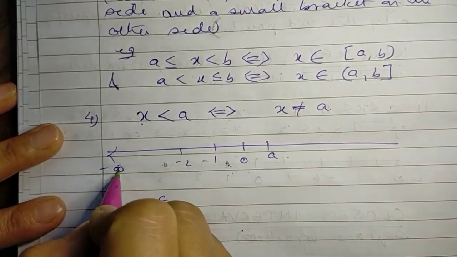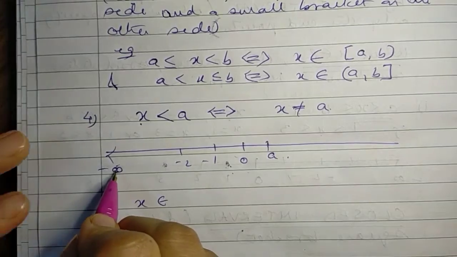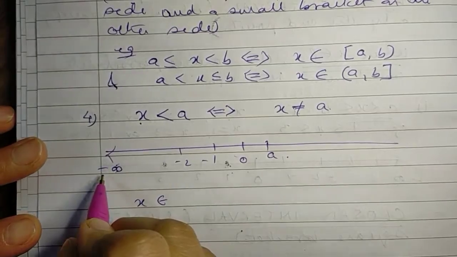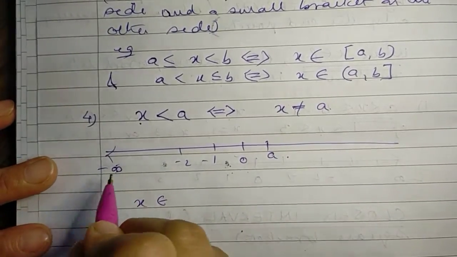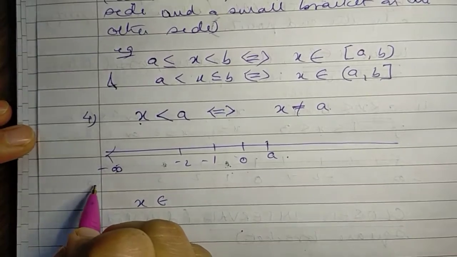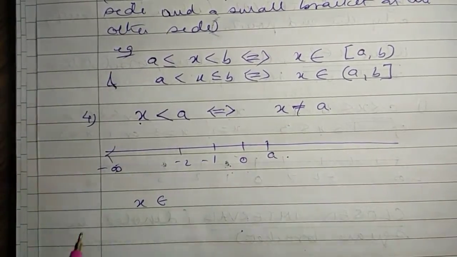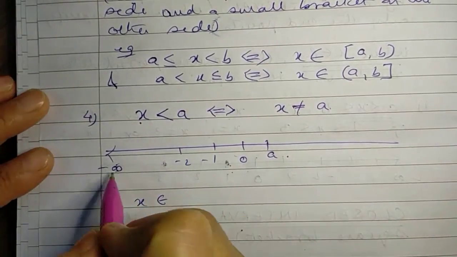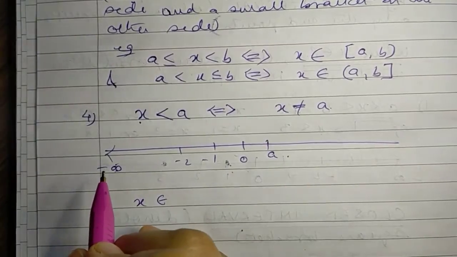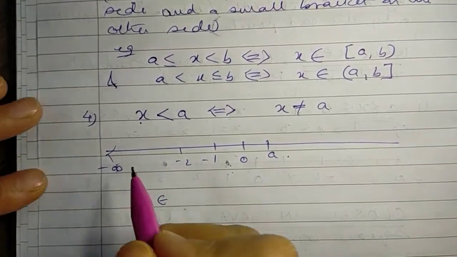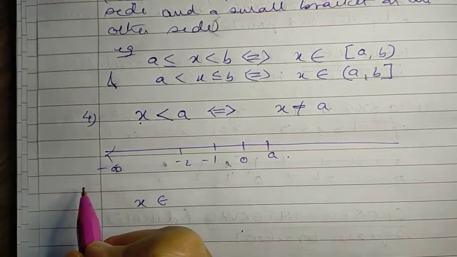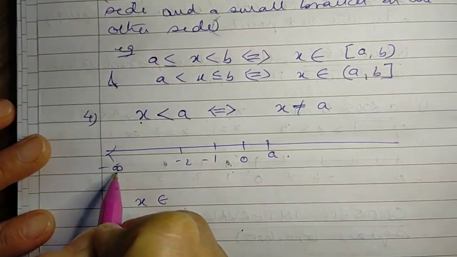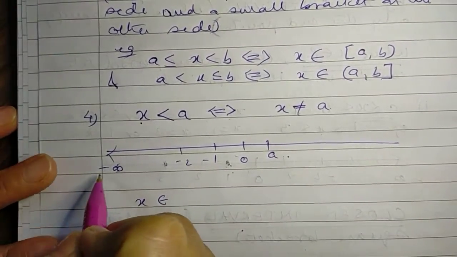Now again, infinity is simply a symbol which is used to indicate a very big value towards the negative side. I mean a value of huge magnitude but with a negative sign. It doesn't have a value as such. Given any negative value having a big magnitude, you can find another negative value which has a bigger magnitude than the previous one, and so it's an open thing which we have towards minus infinity.